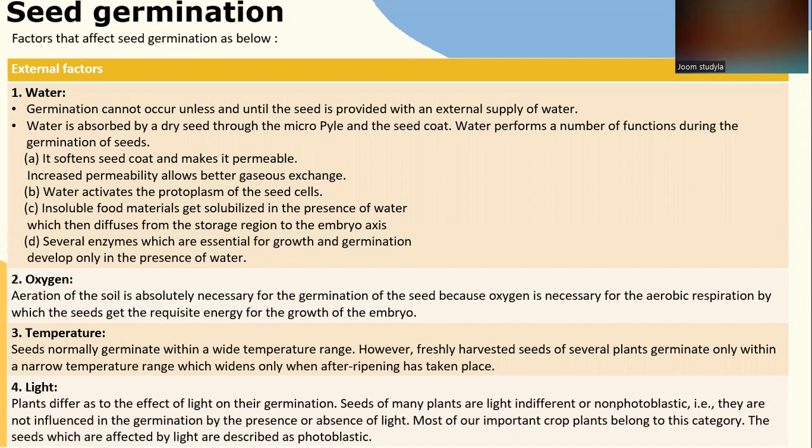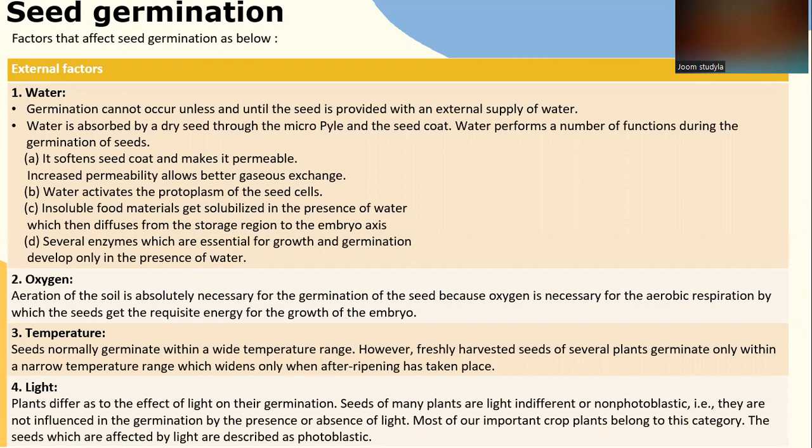The third is temperature. Seeds normally germinate within a wide temperature range. However, freshly harvested seeds of several plants germinate only within a narrow temperature range, which widens only after ripening has taken place. And factor number 4 is light.